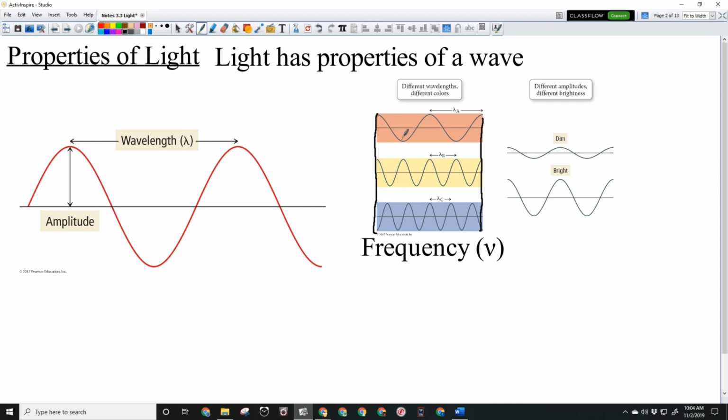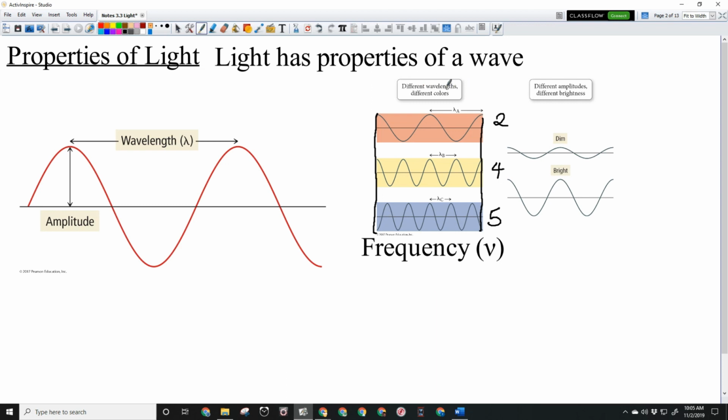If we look at this one, we only have 2 waves here. On this one, we've got 1, 2, 3, 4 waves in that same distance. And in this one, we've got 1, 2, 3, 4, 5 waves in that same distance. So this is called the frequency. How frequent do we have a wave in a given distance?